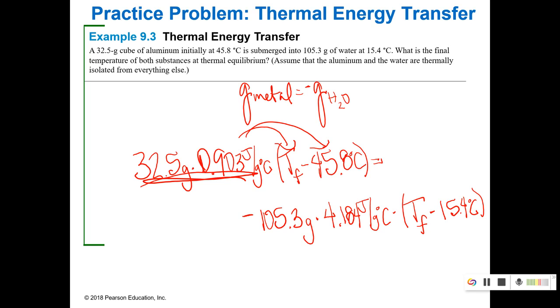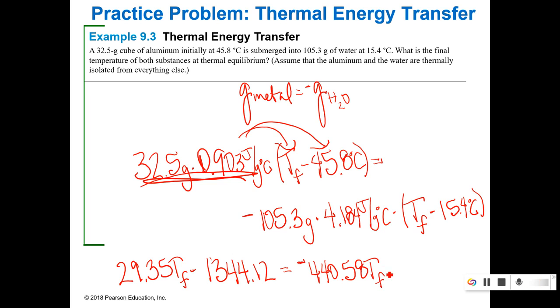So I've got 32.5 times 0.903, so I get 29.35 TF minus 1344.12 equals negative 440.58 TF minus negative 6784.86. Okay.